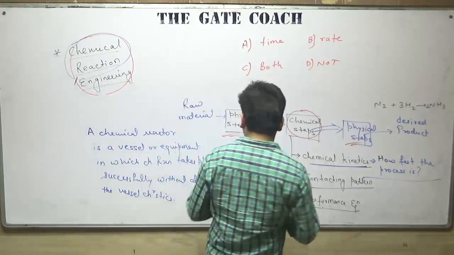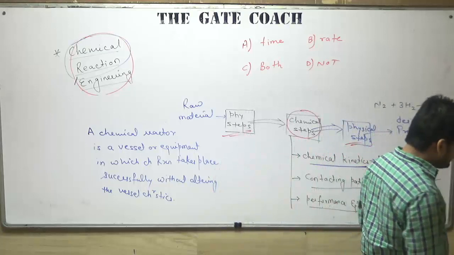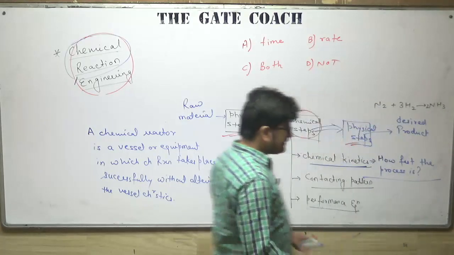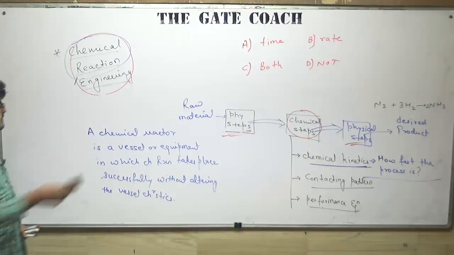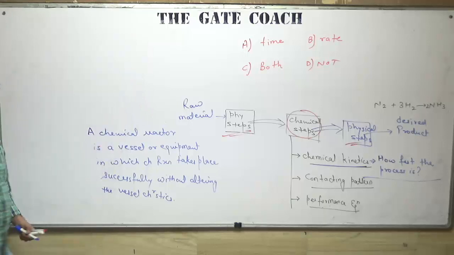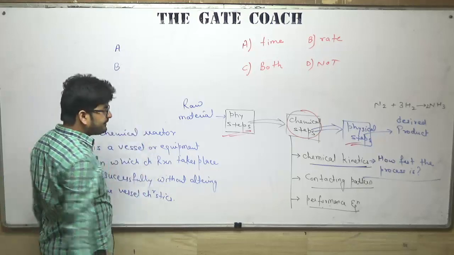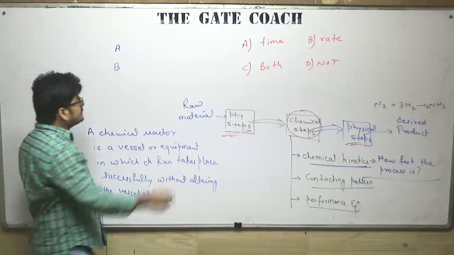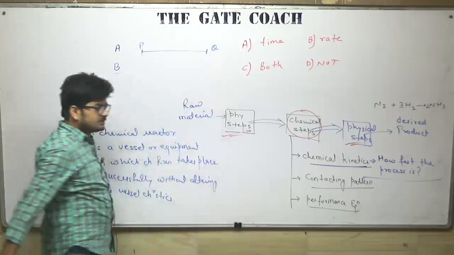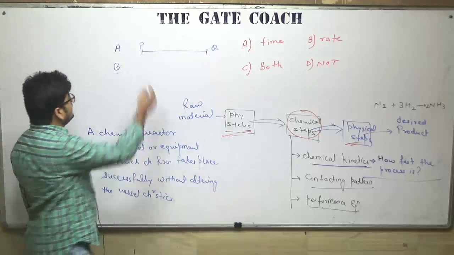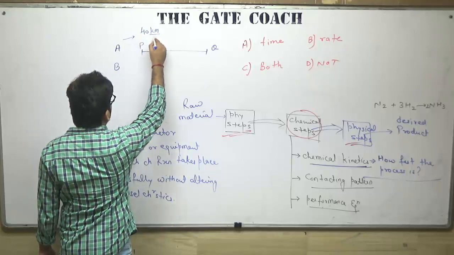So let's see. Suppose there are two people, Mr. A and Mr. B. They have to cover a distance from point P to Q. A moves at a rate of 40 km per hour.